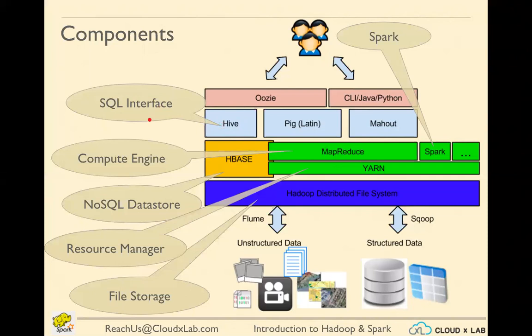So you write SQL, you give it to Hive, Hive runs it on MapReduce, and MapReduce runs it on YARN and so on. Hive is a great SQL interface and is very much in production because it's not always wise to start writing code even for very simple things like joining two tables. Therefore, Hive made life really easy if you want to process structured data. For structured data processing, Hive is the way to go.